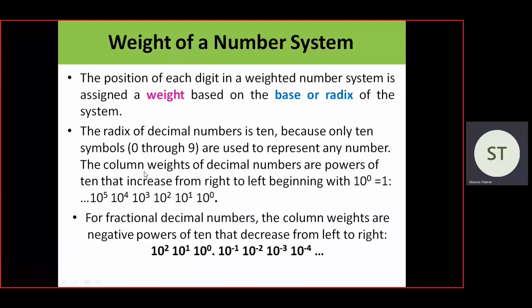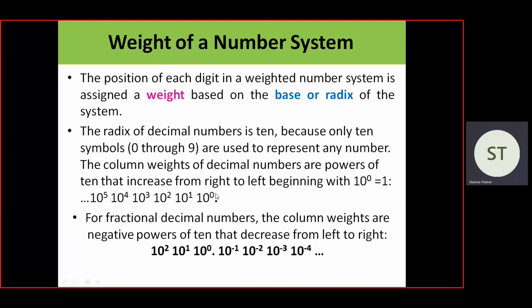Every particular digit in the decimal number system is defined with a particular weight, in terms of the base raised to a power: base raised to power 0, base raised to power 1, base raised to power 2, 3, 4, 5, and so on.